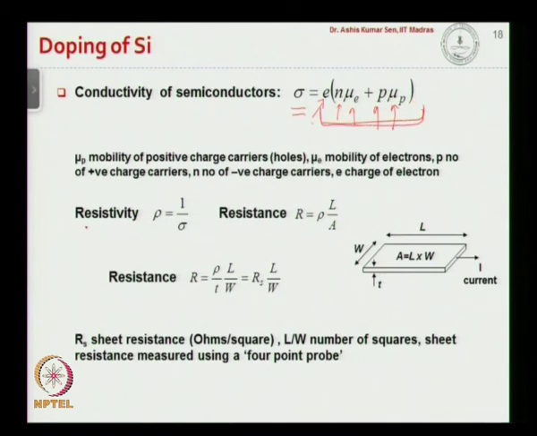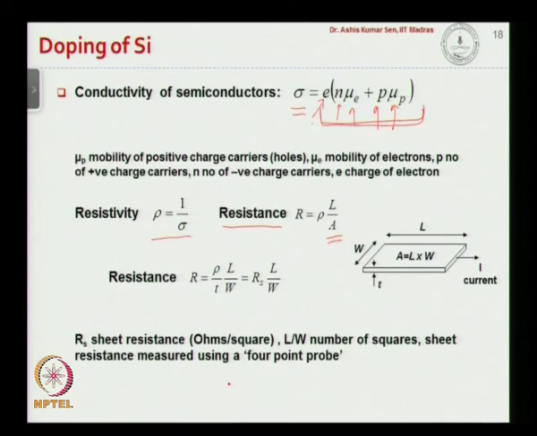The resistivity is defined as 1 over conductivity, as you see here, and the resistance is R equal to resistivity times length over area of cross section. Okay.